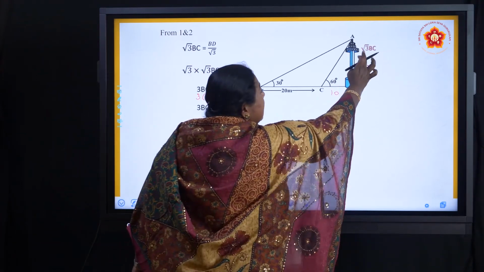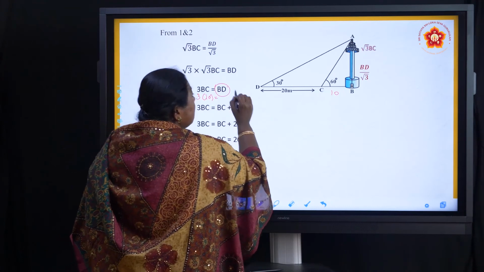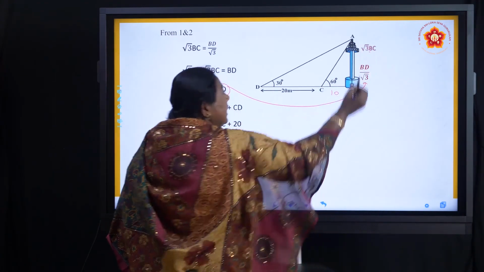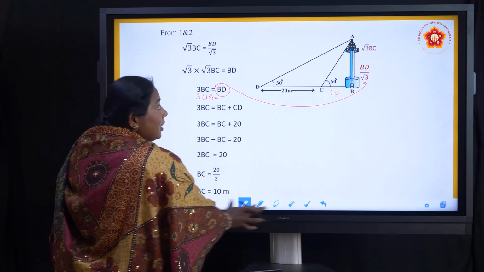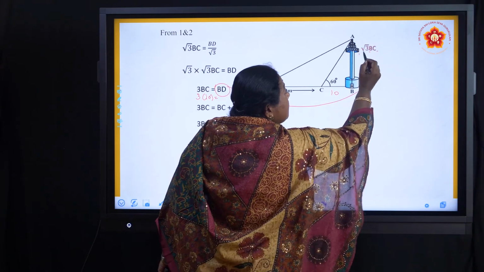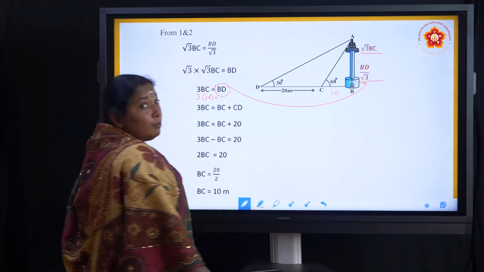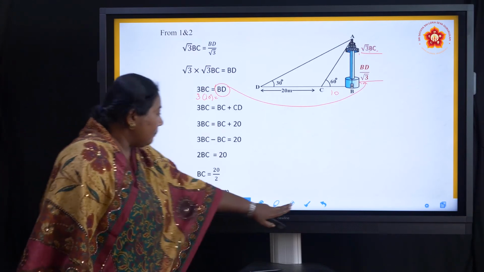Now, BC root 3, BD by root 3. After finding BD, you apply it here or apply it with BC, that is also the same. Both parts you can use to find the height of the tower.